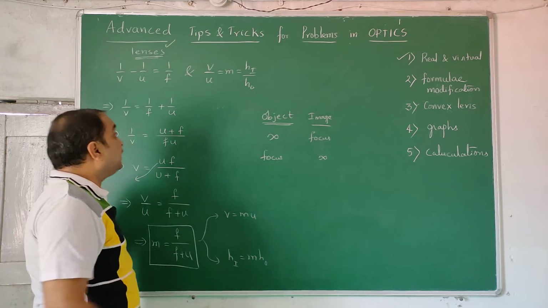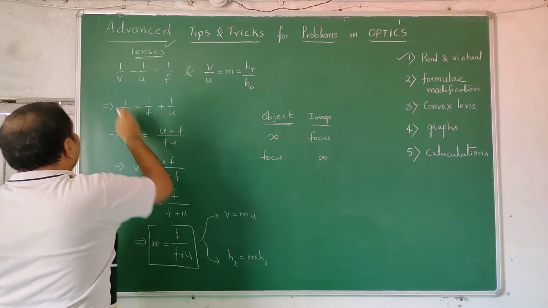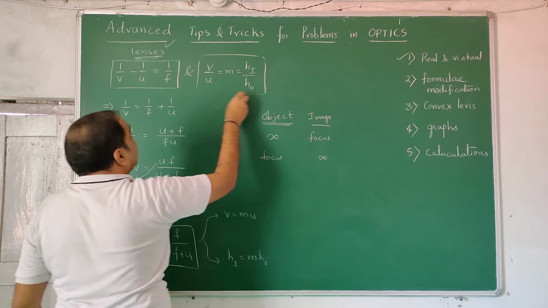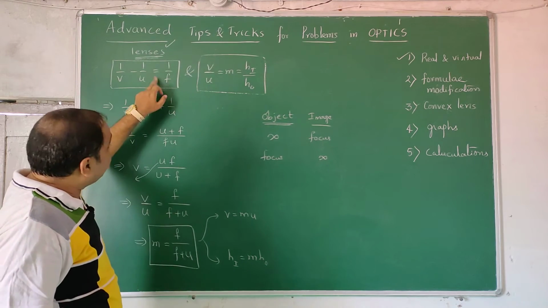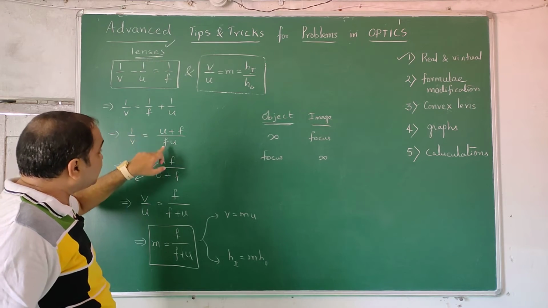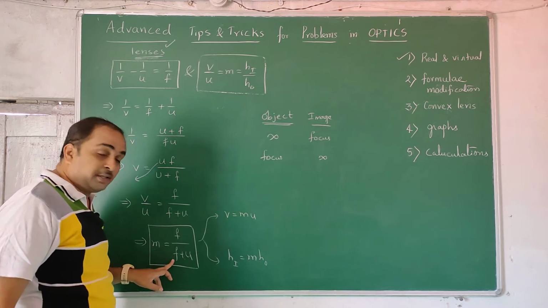That's why whatever is derived in the textbook is correct, and you have to learn that formula by heart. But if you want to solve problems quickly, you can skip these steps and remember this final step.